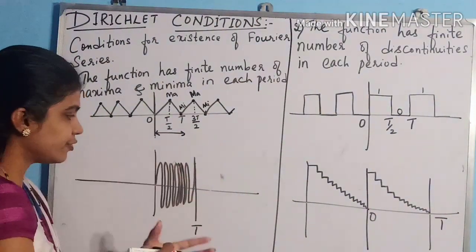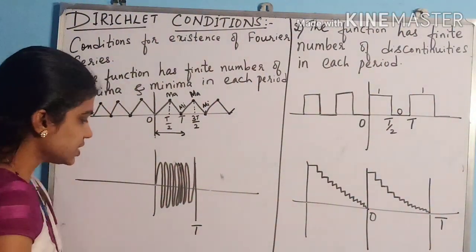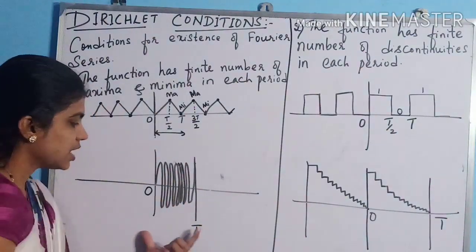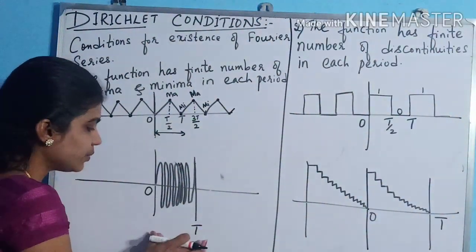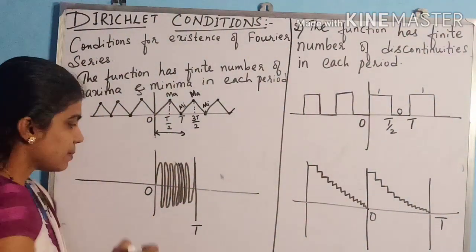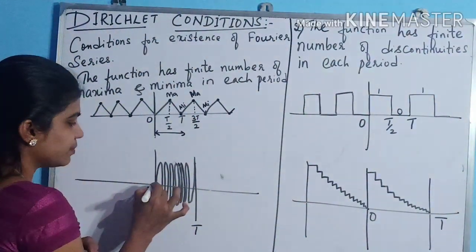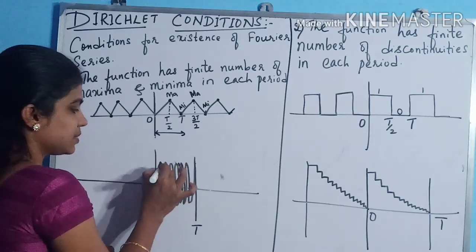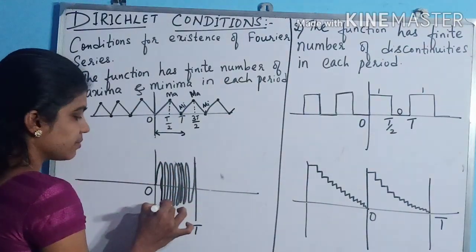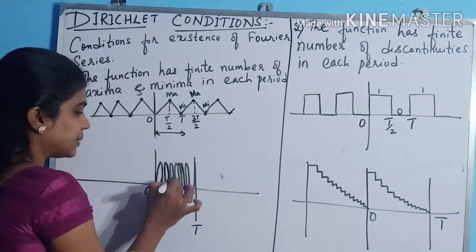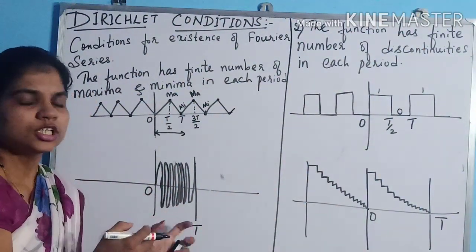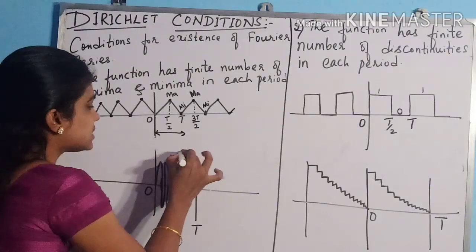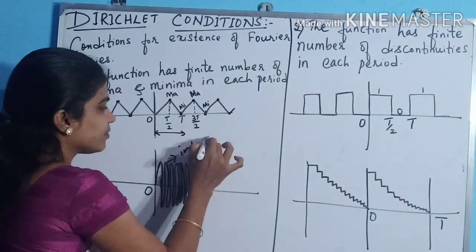Now we have one more figure down here. This is also a periodic signal, and we have a time period T. But if you see here, we have a minima, then maxima, minima, maxima, minima, and so on. We are unable to count here, so that means this is infinite.